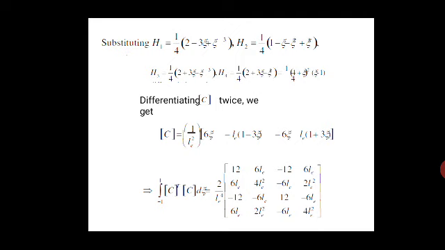On substituting all the values of h1, h2, h3 and h4, we have 12, 6 Le, minus 12, 6 Le, and 6 Le, 4 Le square, minus 6 Le, 2 Le square, minus 12, minus 6 Le, 12, minus 6 Le, and 6 Le, 2 Le square, minus 6 Le and 4 Le square.